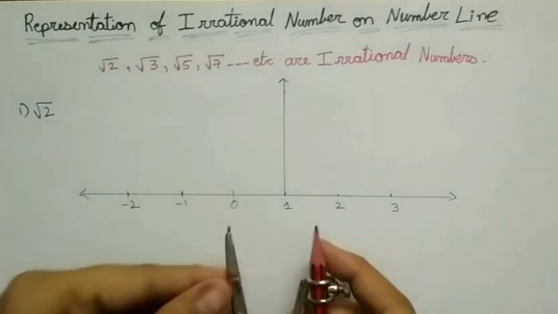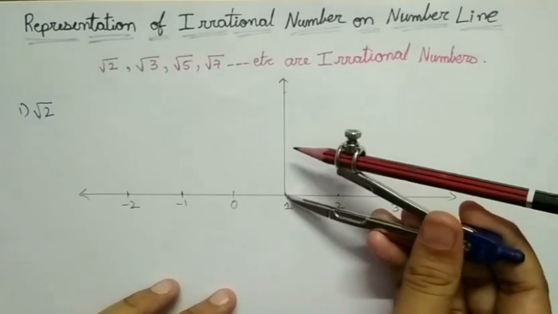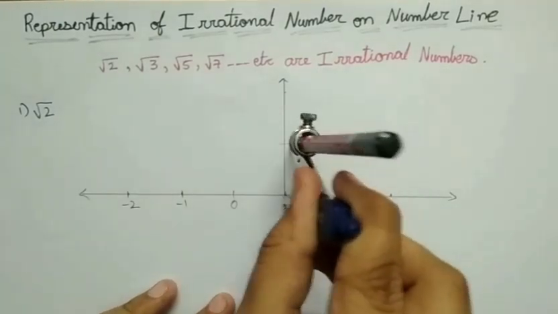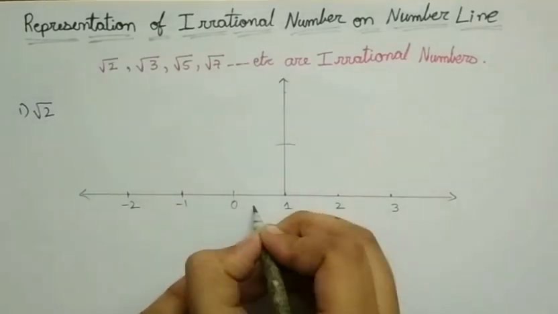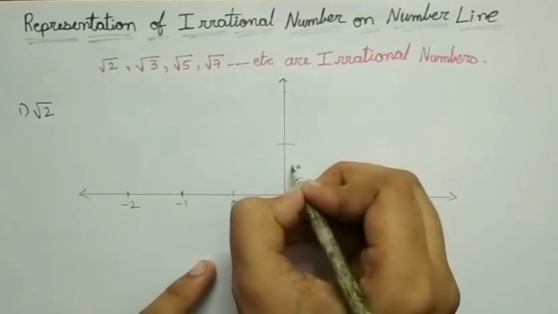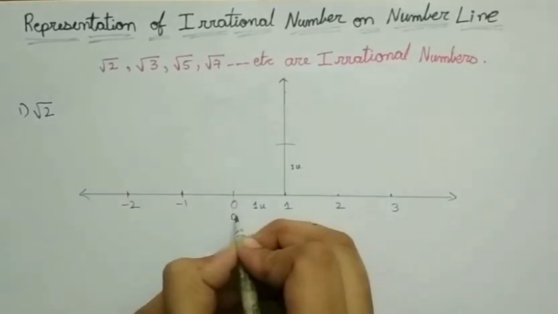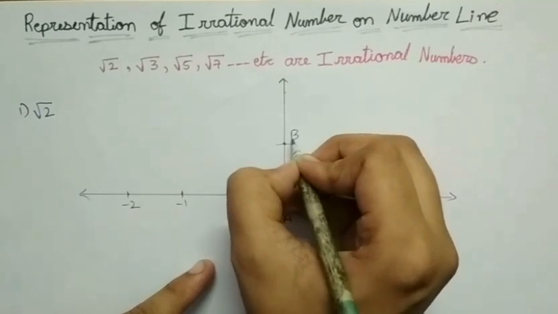Now take an inch length and cut the perpendicular line. This will be 1 unit and this will be 1 unit. Let's point this as O, A and B.